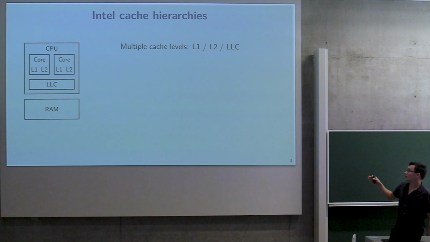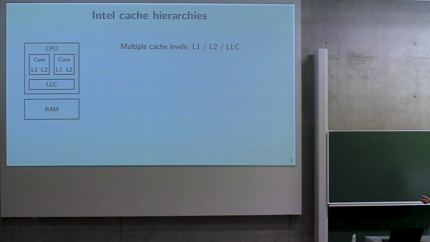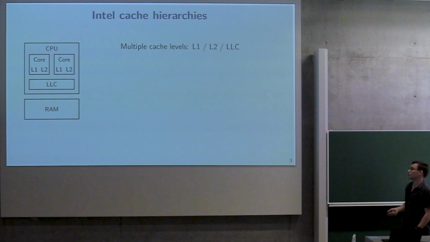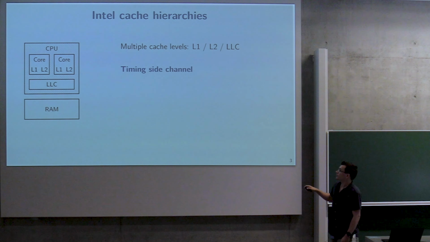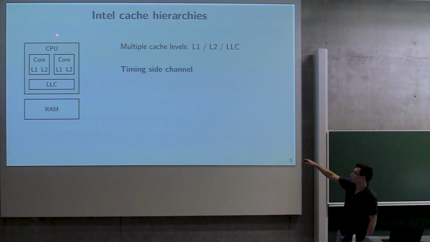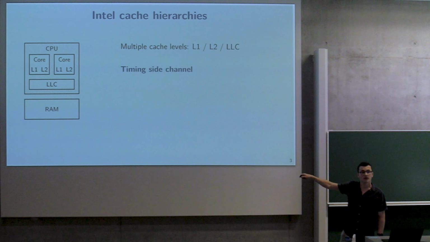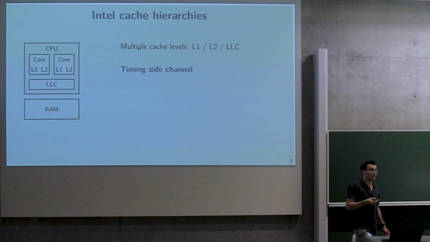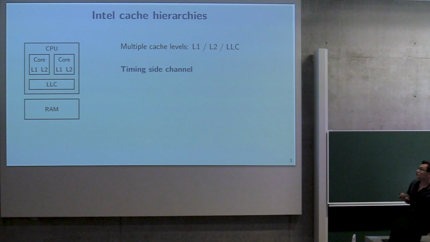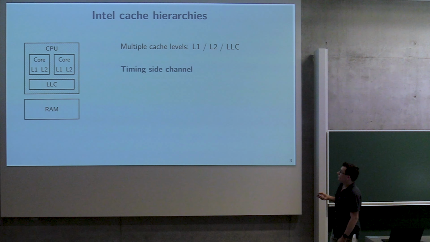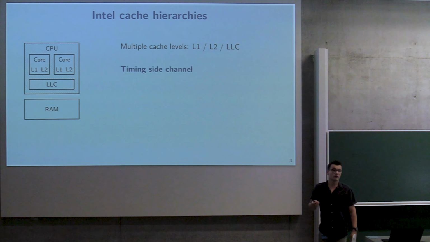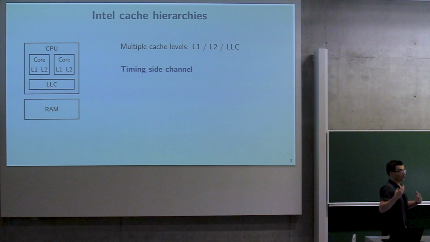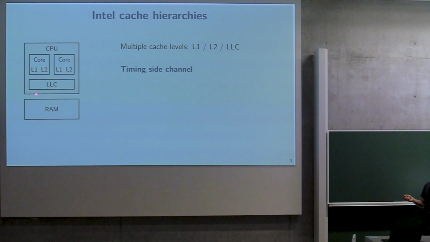And then we also have the shared last level cache, which is, as mentioned, shared among all the cores. Now, of course, as we move from closer to the CPU to RAM or memory, these caches get larger, but also the access times get larger, which means that there's an inherent timing side channel here that an attacker can exploit to infer activity, basically, in each of those cache levels.